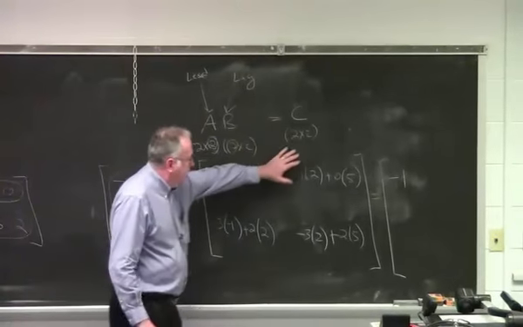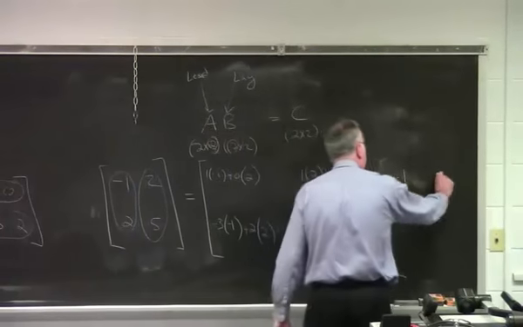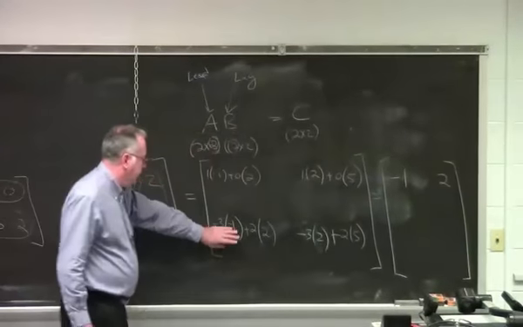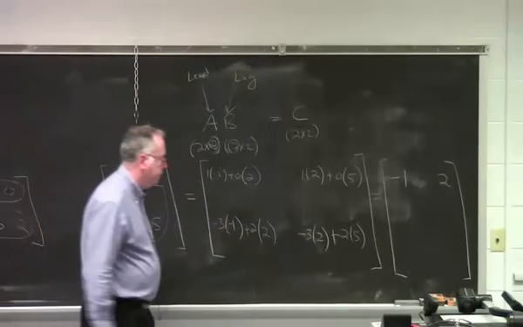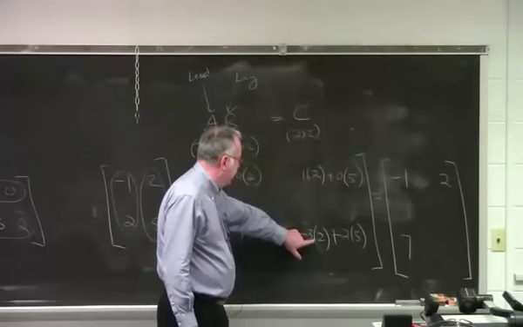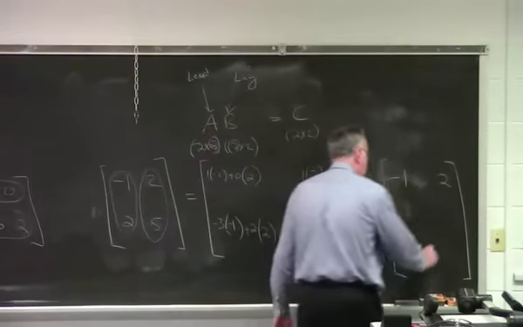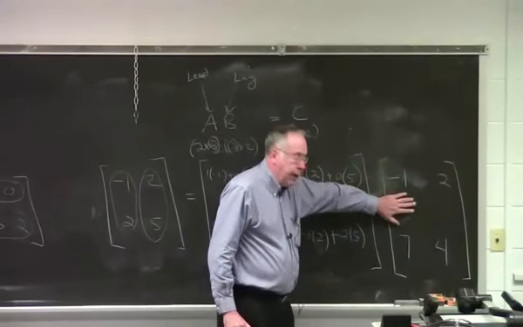This element right here will be just 2 plus 0, which is 2. This element here will be what? 3 plus 4 is 7. And this element here is minus 6 plus 10, which is 4. Okay. So this is the product matrix over here.